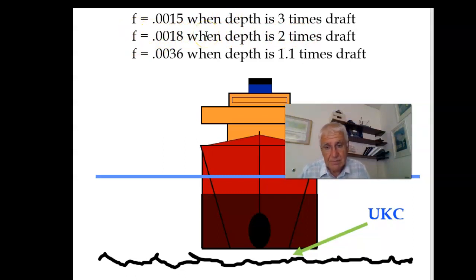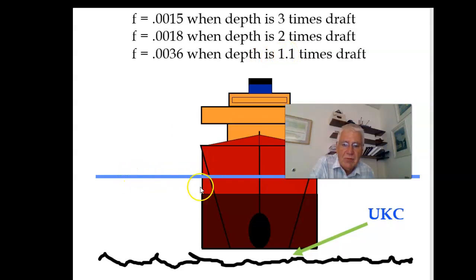Let's see, if you had a draft of 20 feet? Well, that's what this image illustrates. If you had a draft of 20 feet, there's the draft, and if you had a water depth of 22 feet, that would be when depth is 1.1 times the draft.